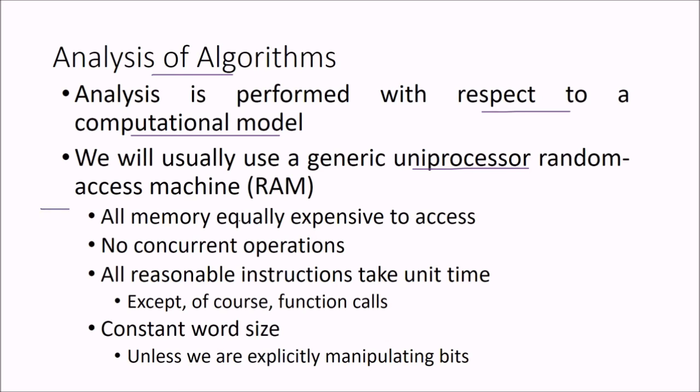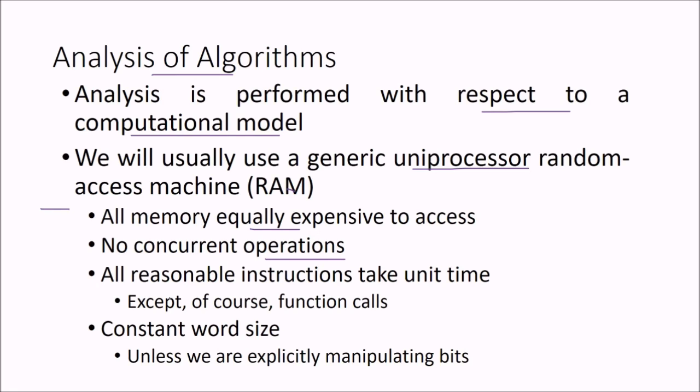And all memory is equally expensive to access. We are not saying that this memory is expensive and that memory is not. We consider that each and every memory access is expensive. And there are no concurrent operations. When we analyze the algorithm, we consider that there are no concurrent operations, which is not very true in the present scenario where concurrent operations are going on and threads are running.